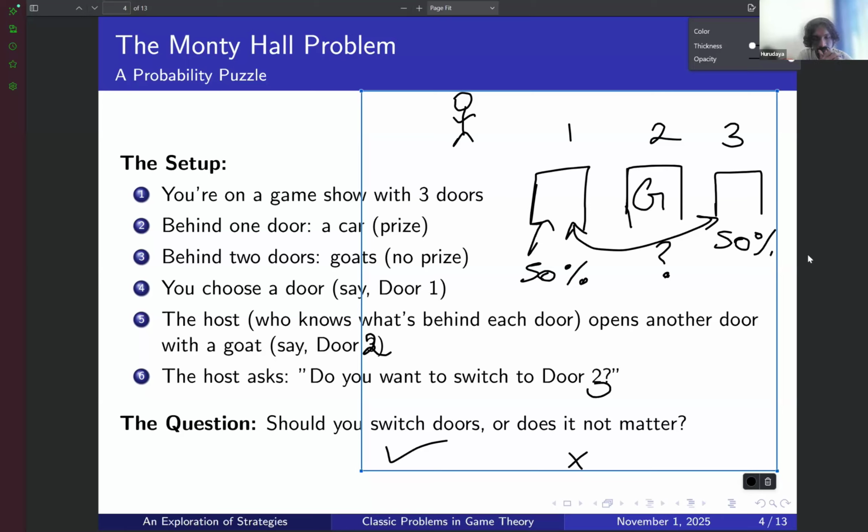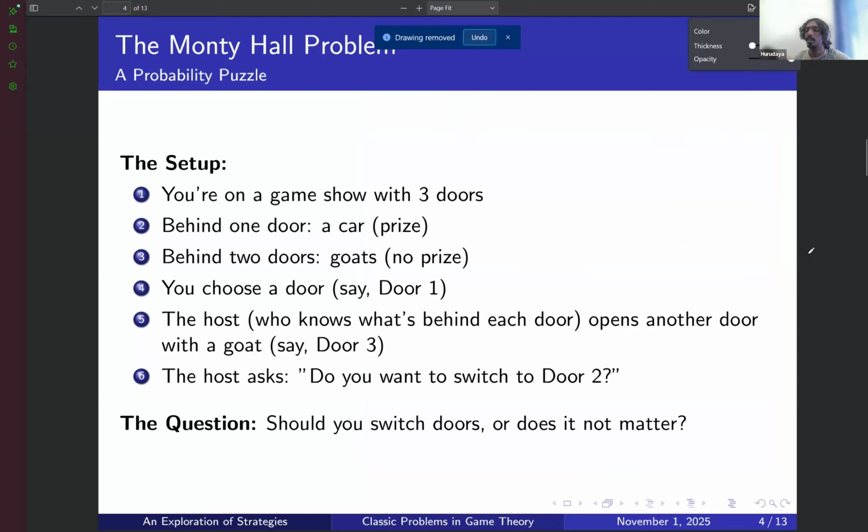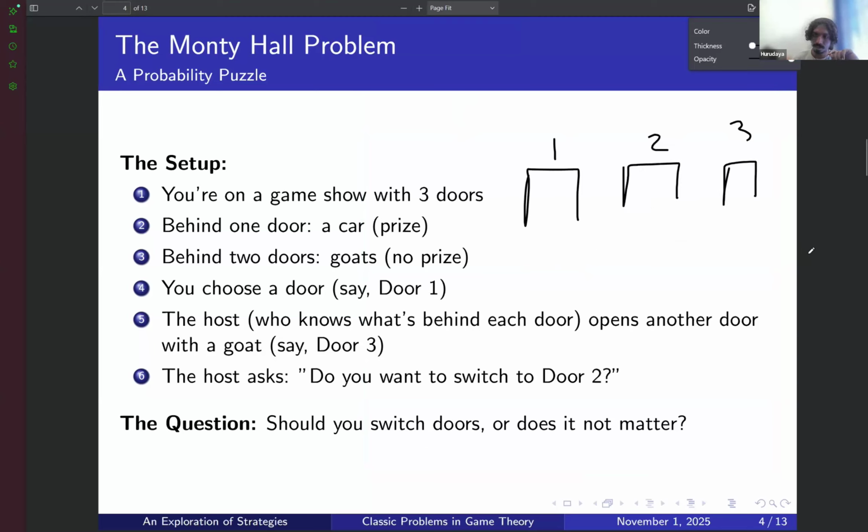So does everyone understand what he's saying? Sir, I didn't understand. Okay. So basically, we'll forget where the car is for now. You had three doors to begin with, right? And you picked door one. There's a 33% chance here, right?